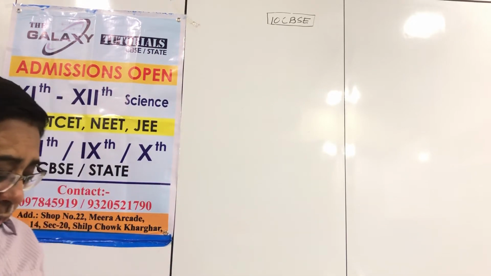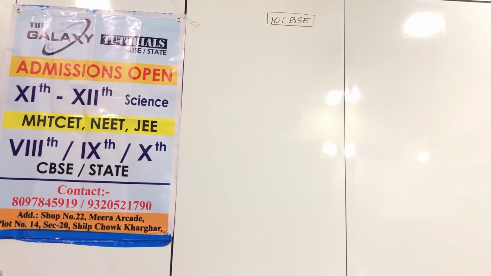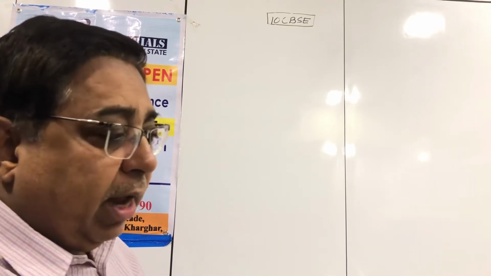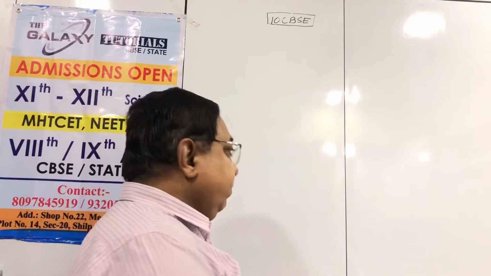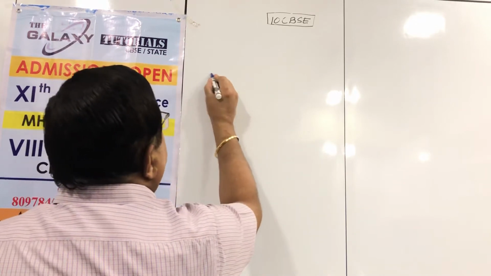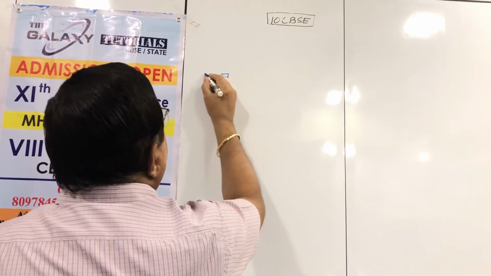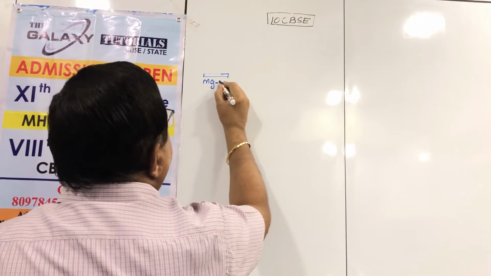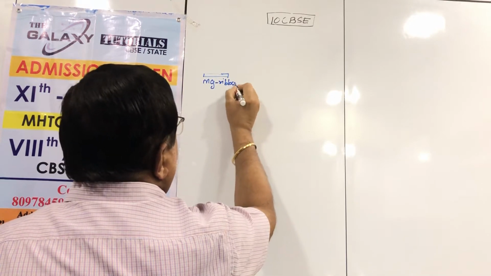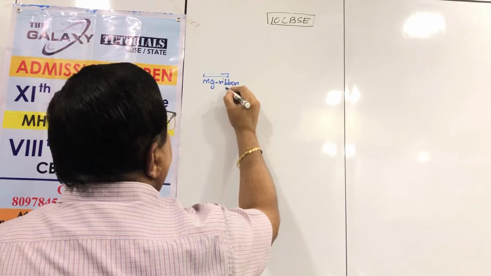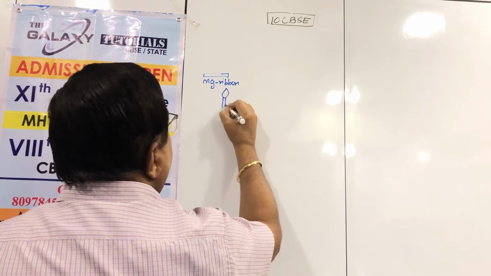Then, in activity 1.1, the book says that we take a magnesium ribbon. And we light it with a flame.